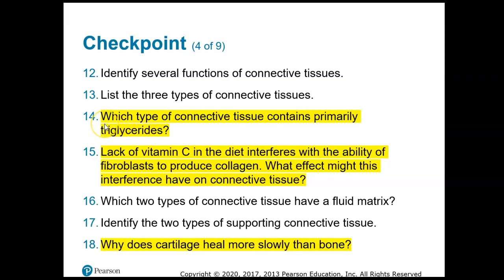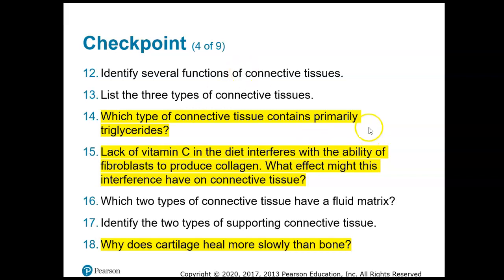Question 14 says, which type of connective tissue contains primarily triglycerides? If you remember, triglycerides are the lipids. They're the type of lipids that you find in body fat. So the connective tissue is going to be adipose.